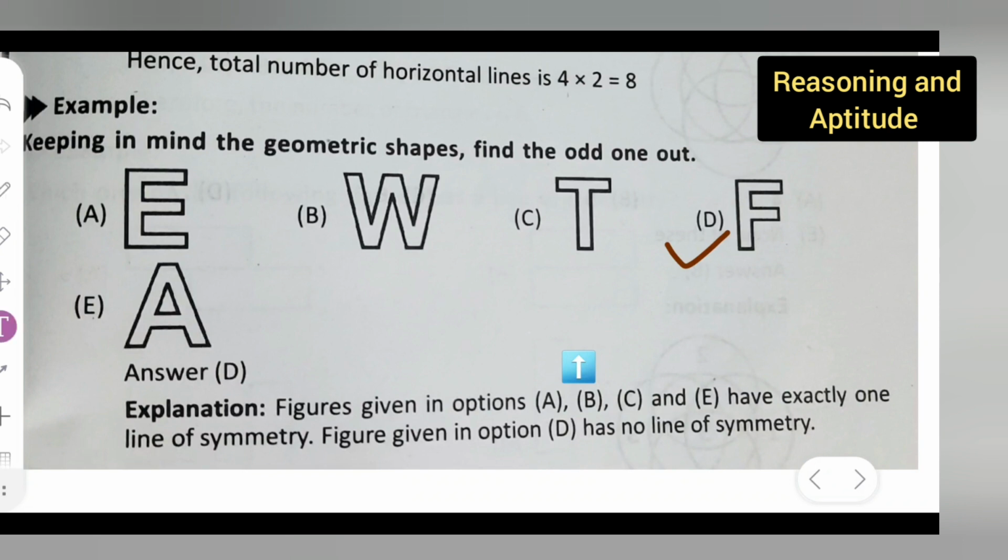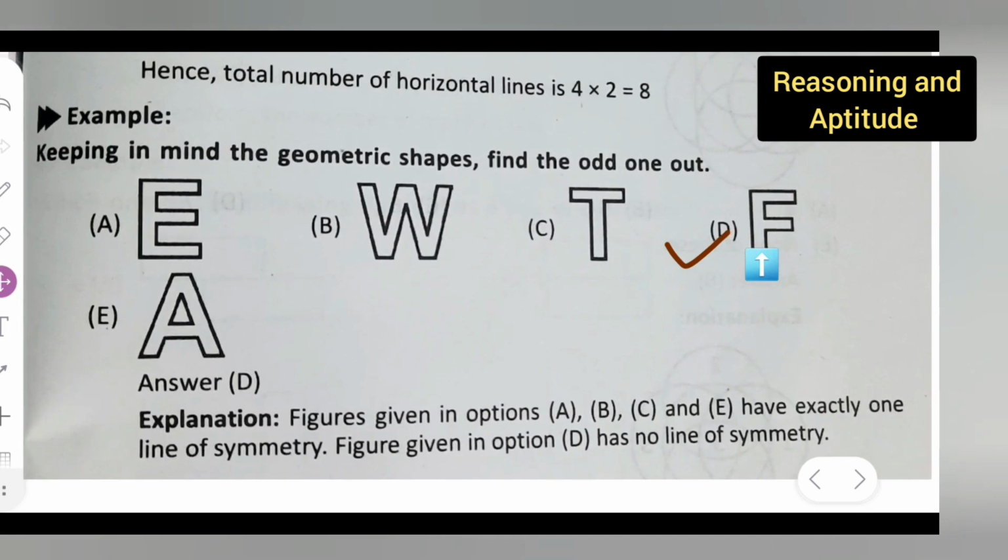The explanation is right over here. Figures given in options A, B, C and E have exactly one line of symmetry. The figure given in option D has no line of symmetry. There is no line of symmetry for it, okay? That's why this is the odd one, and this is the correct option, okay? You all can take down this.